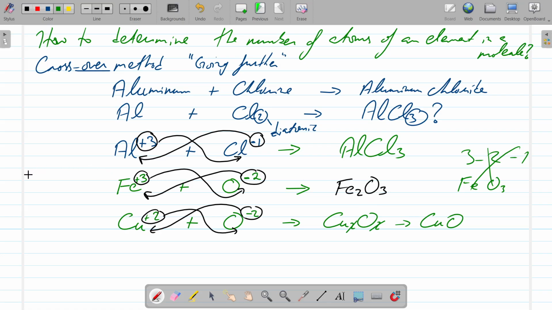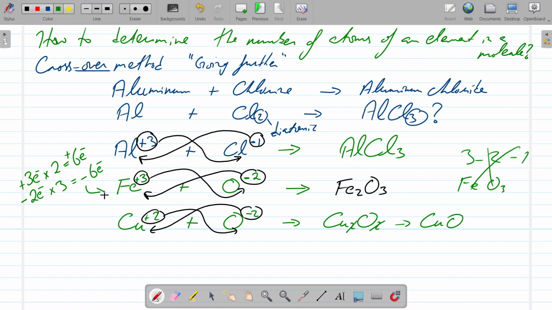You've got 3 electrons from iron, and you've got 2 atoms of iron, giving you 6 electrons, meaning you're losing those. And then you've got oxygen that can take up 2 electrons, and you've got 3 atoms of oxygen, meaning those 3 atoms combined can take up the 6 electrons, and that's how it balances out.